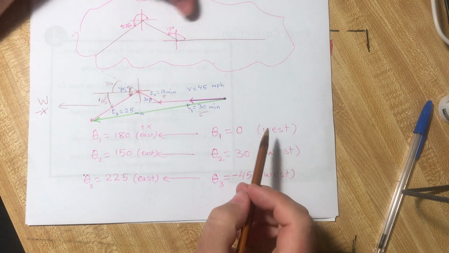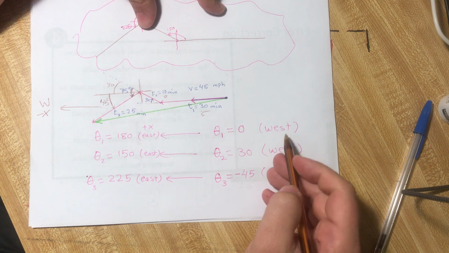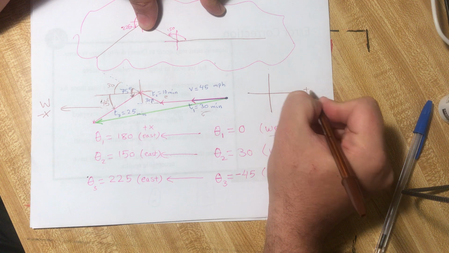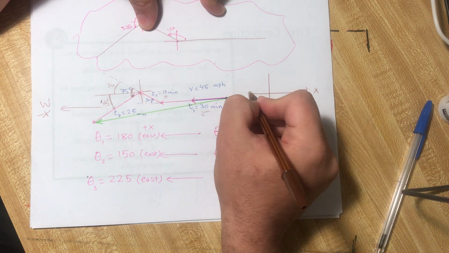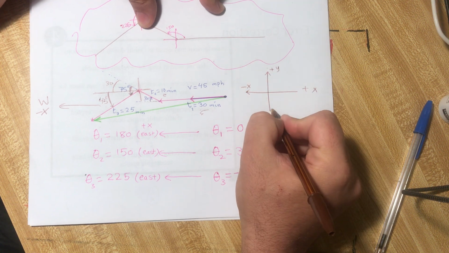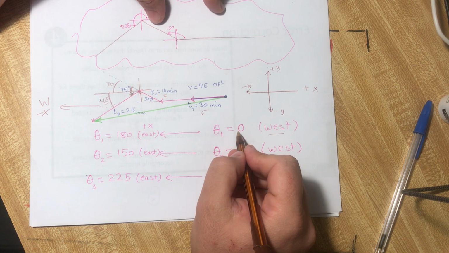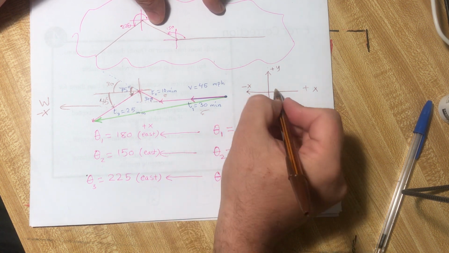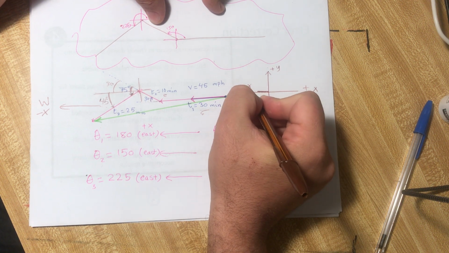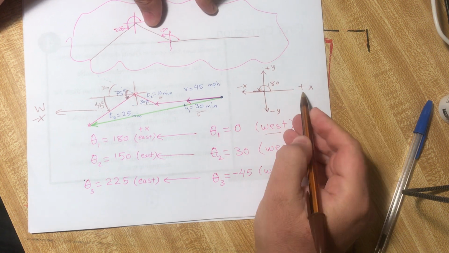Now theta 1 for the first movement is 0 with respect to west, but if I need to use the positive x-axis as positive and the negative x-axis as negative, and this is positive y and this is negative y, I need to take the angles with respect to the positive x-axis. This is 0 with respect to the west, but it is 180 with respect to the positive x-axis.